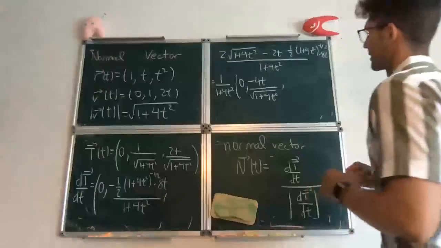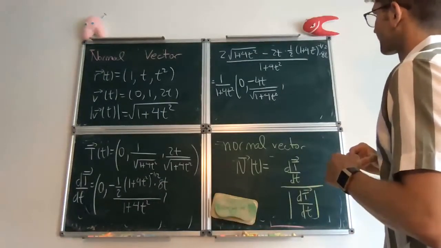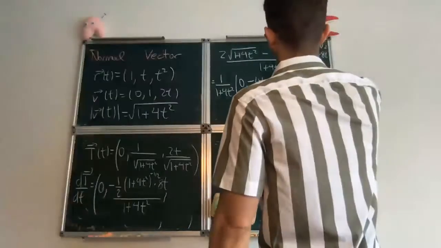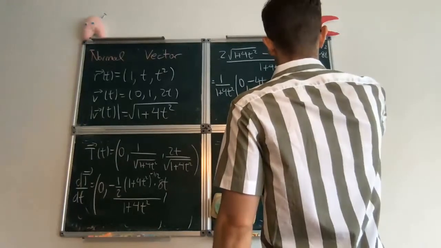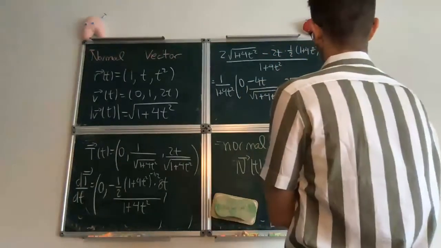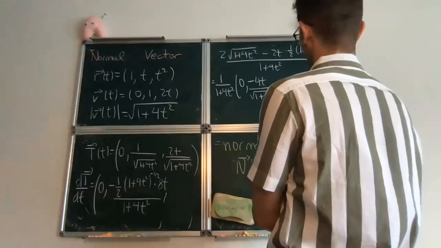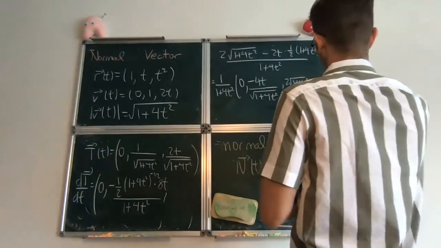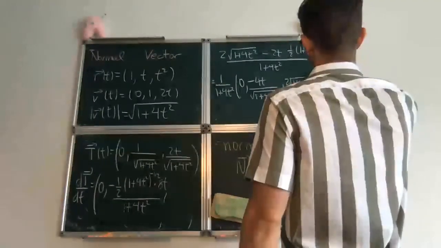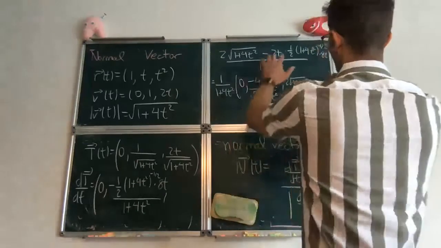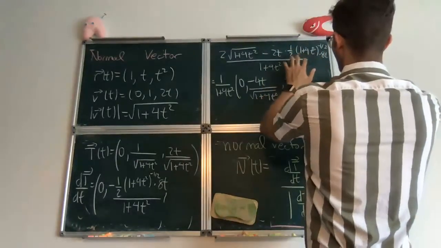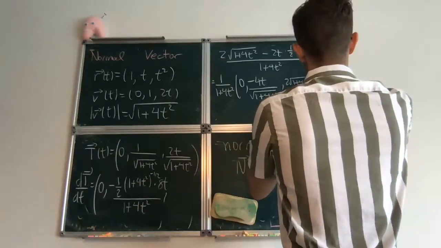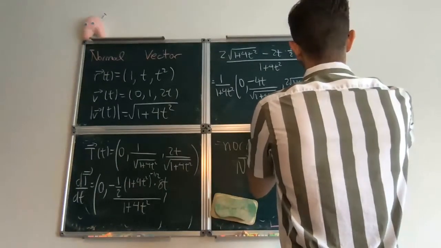And then this becomes 2 root of 1 plus 4t squared minus 8t squared over root of 1 plus 4t squared.